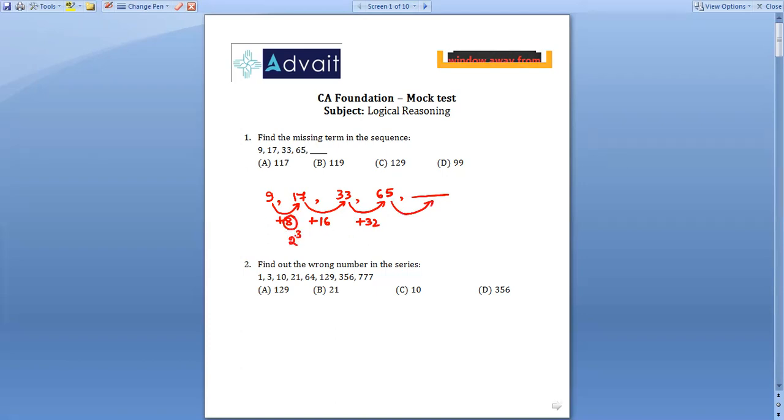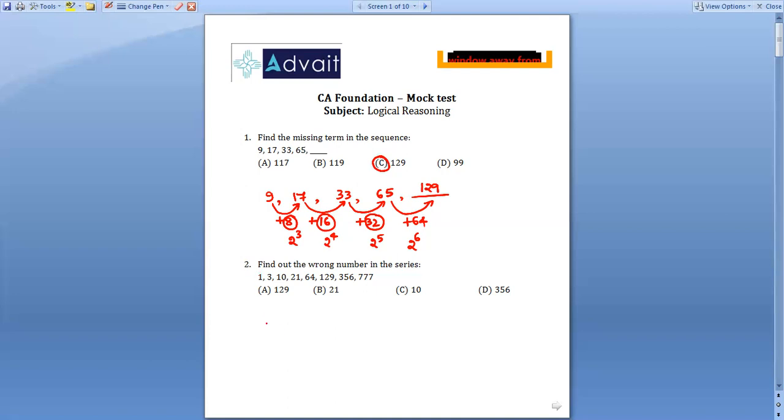So 8 is 2 cube, 16 is 2 to the power 4, 32 is 2 to the power 5, and obviously the next difference would be 2 power 6, that is plus 64. So 65 plus 64 gives 129. So the correct option is option C, that is 129. So 129 is the missing term in the given sequence.